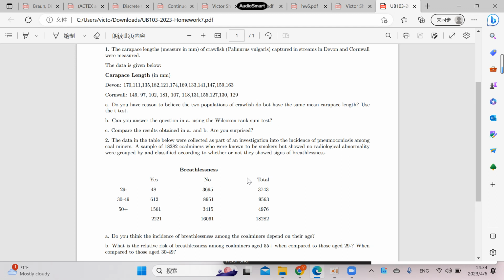But again, you have the formula for the variance of the rank: NA times NB times the parenthesis NA plus NB plus 1, then divided by 12.